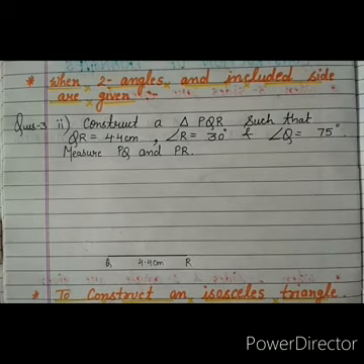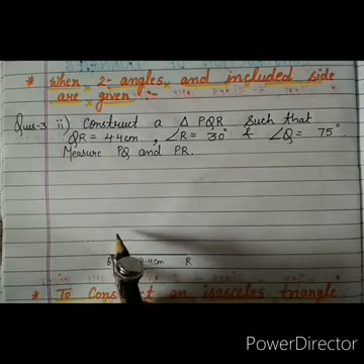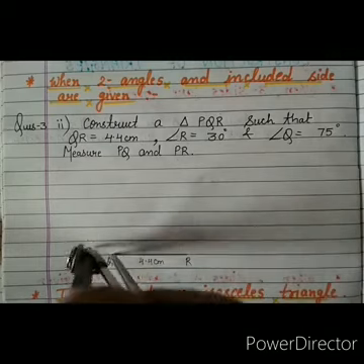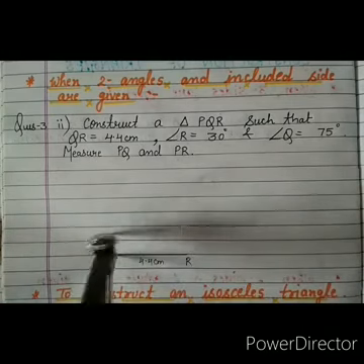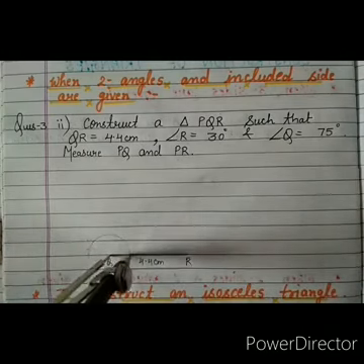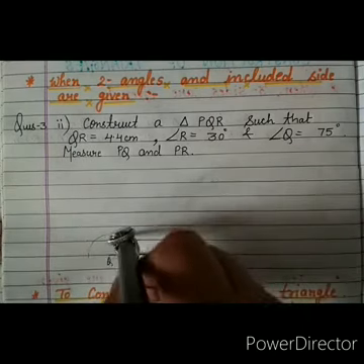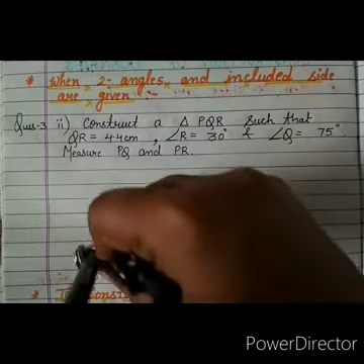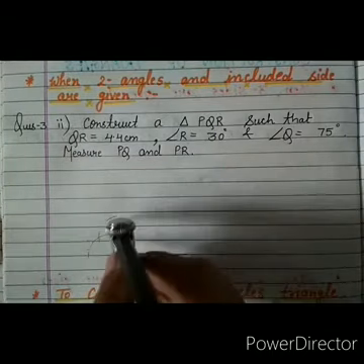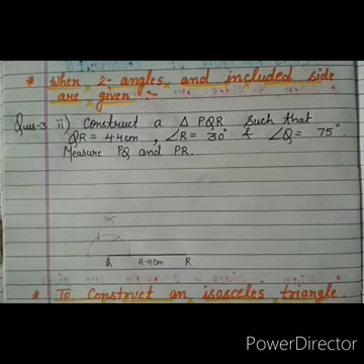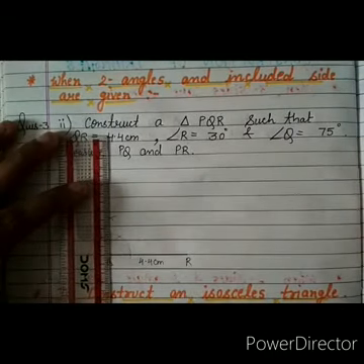So to construct angle Q 75 degree, we have to make an arc of any radius from point Q in this way. Now from this point we have to make an arc of 60 degree, then from this point 120, and in between we have 90 degree. Join it with dotted line.